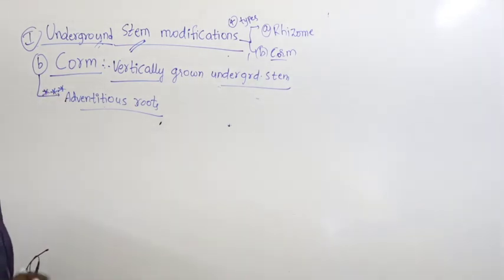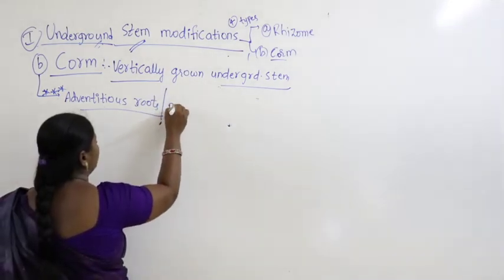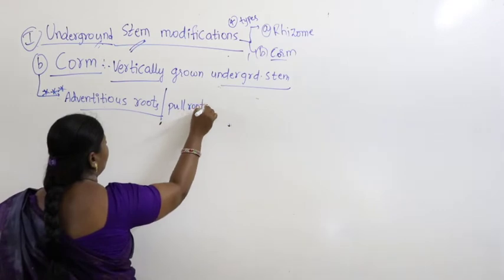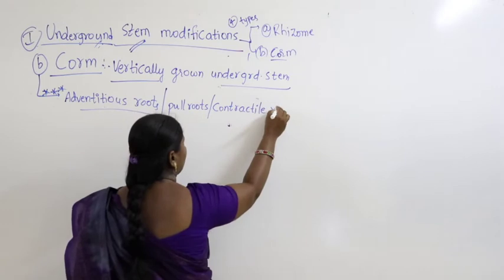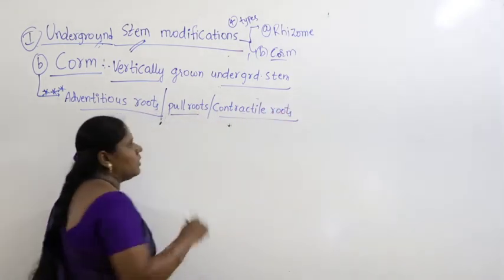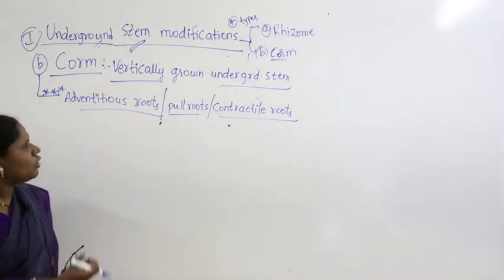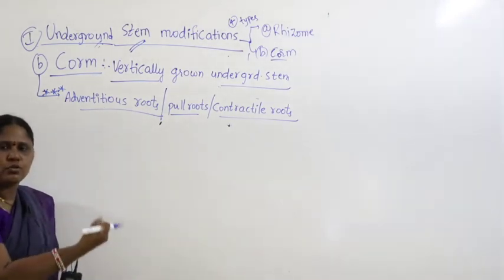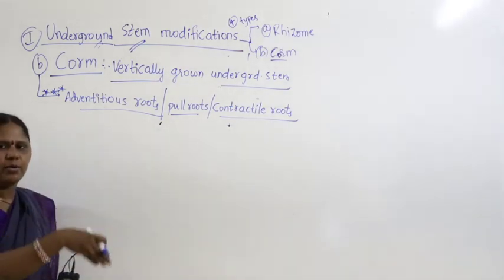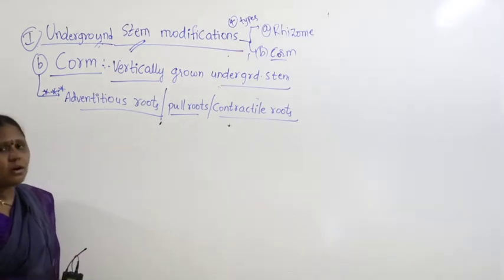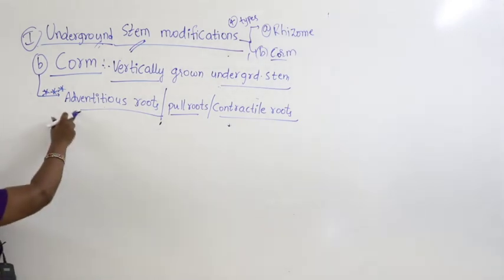These adventitious roots are called pull roots or also contractile roots. They pull the corm in a downward direction. Contractile roots make the stem penetrate and pull the underground stem into deeper and deeper layers of soil. Contractile roots are also called pull roots. They are nothing but adventitious roots.